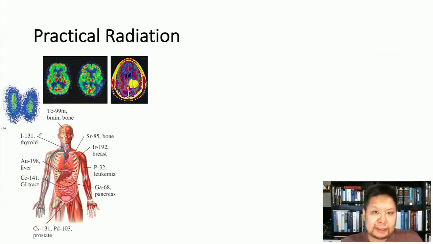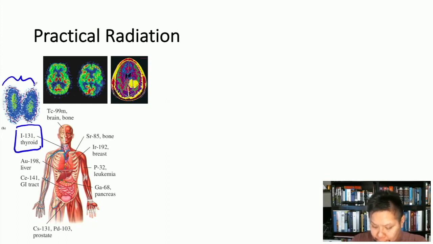So let's spend this last slide talking about some practical uses for radiation. Here in medicine, doctors can actually use iodine-131 to visualize the thyroid gland. Here we have a PET scan, and PET stands for positron emission tomography.